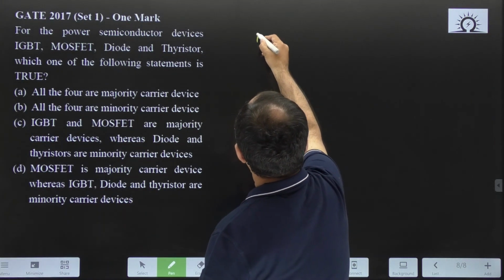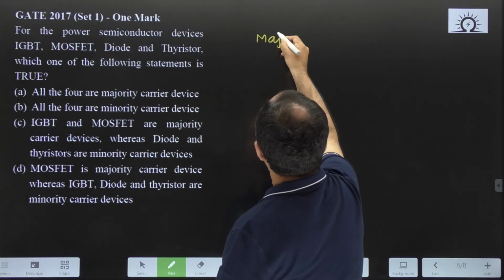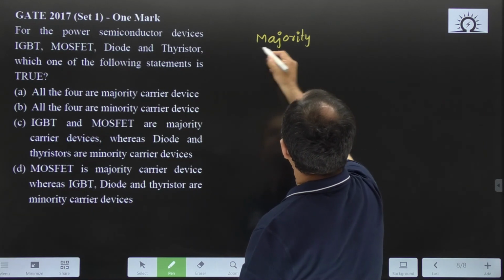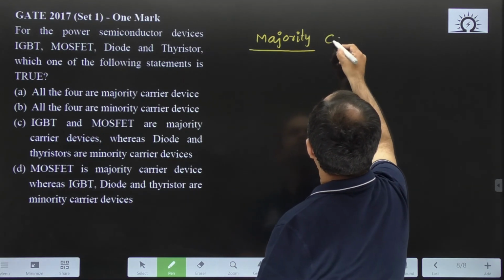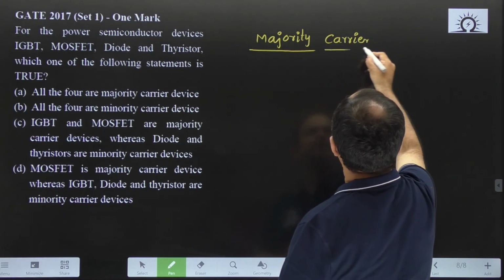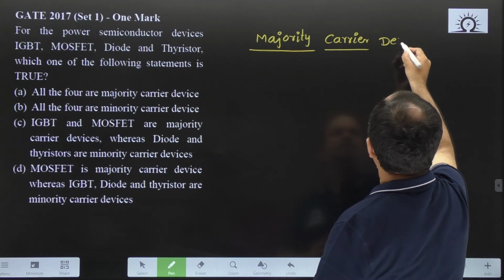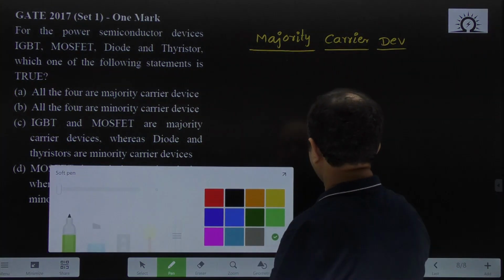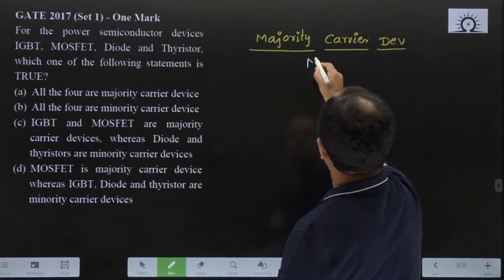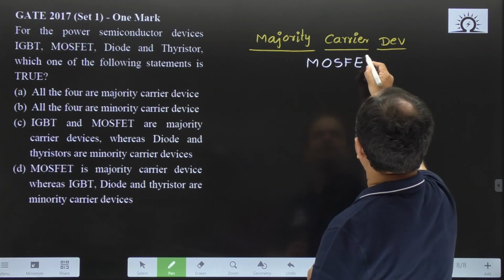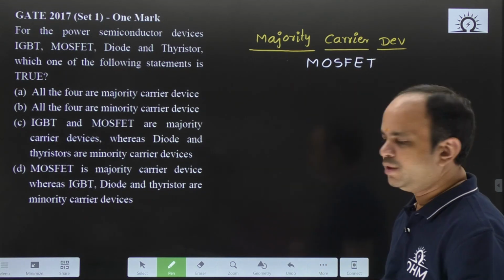Say for example, if you take majority carrier devices, basically it is a MOSFET.